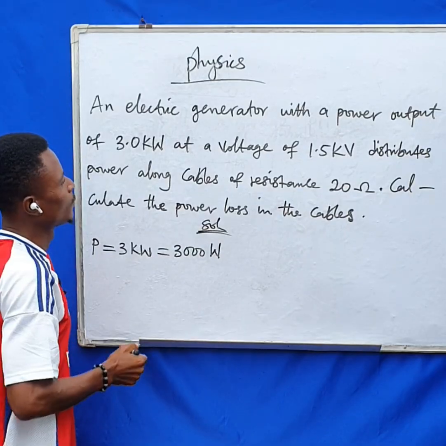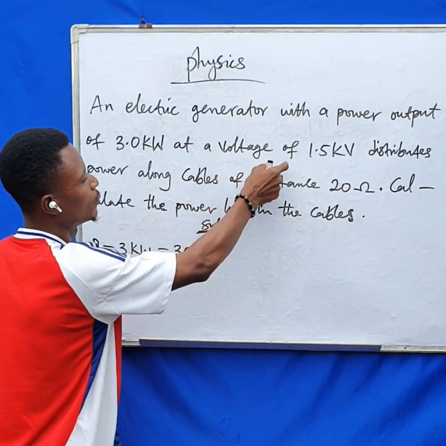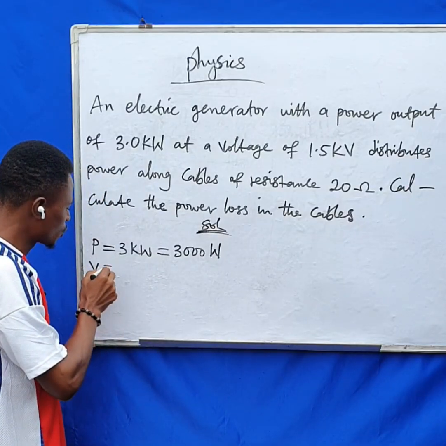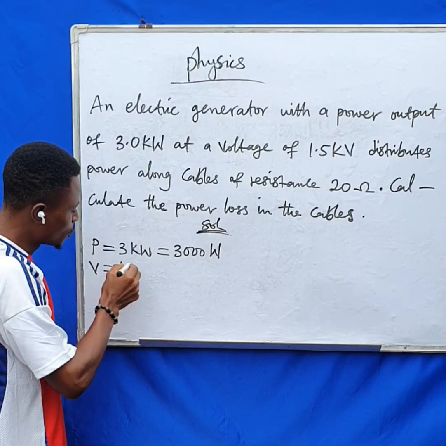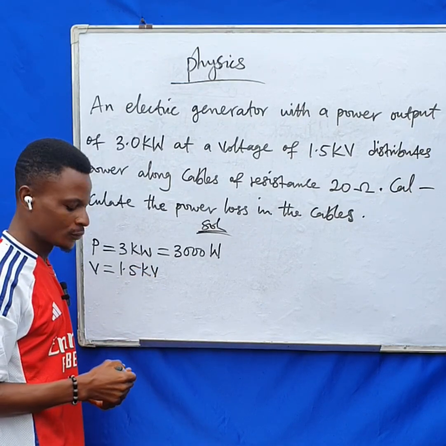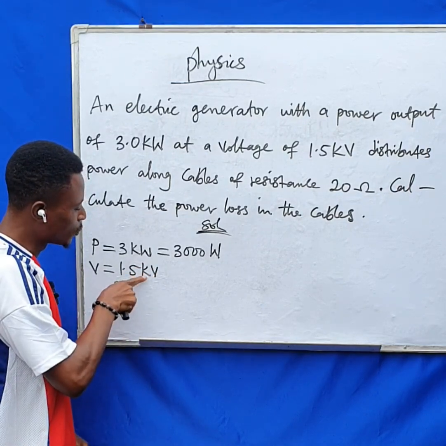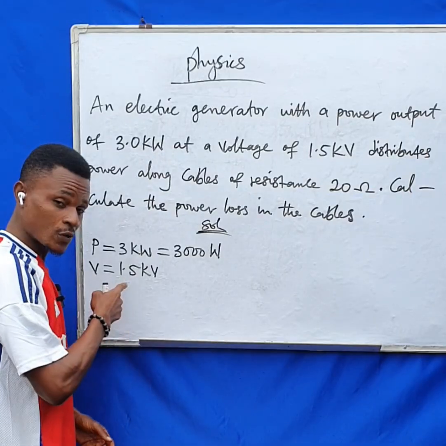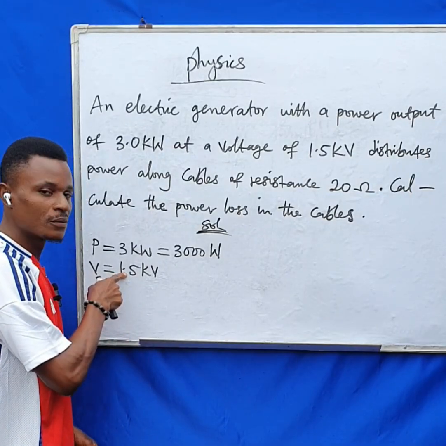You understand? Now the next one is the voltage. The voltage is 1.5 kilovolts. So voltage V is equal to 1.5 kilovolts. We are going to do the same here. We are going to convert this value from kilovolts to volts by multiplying by 1000. We are going to multiply 1.5 by 1000.